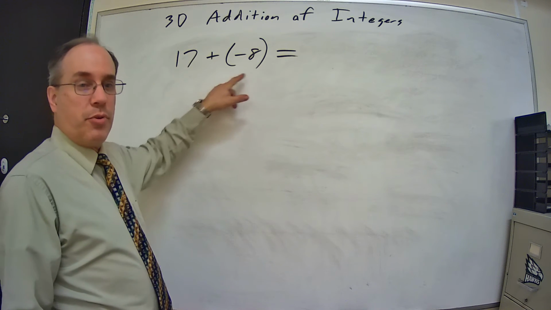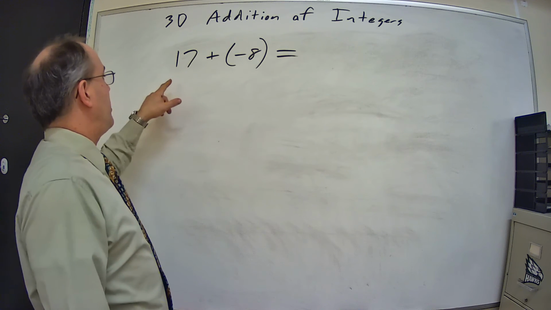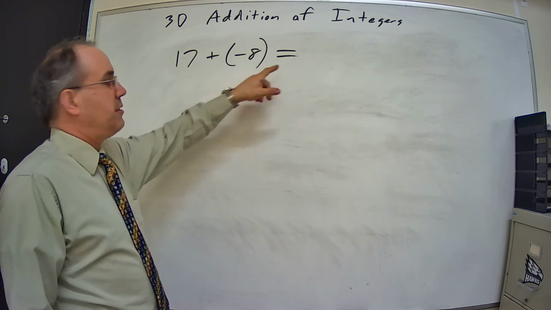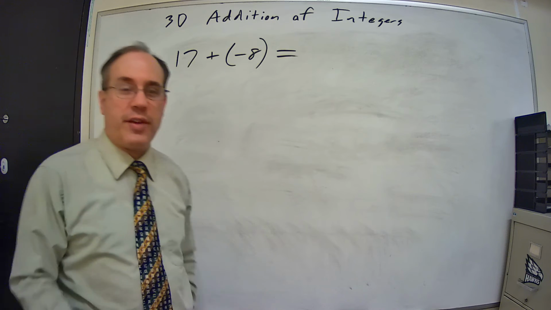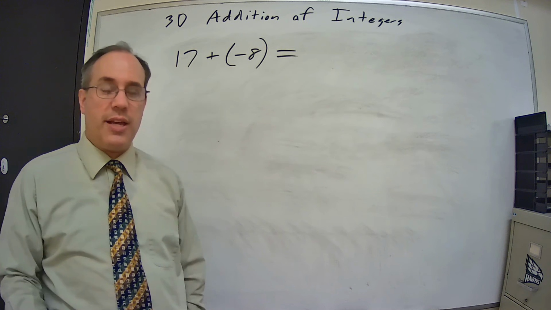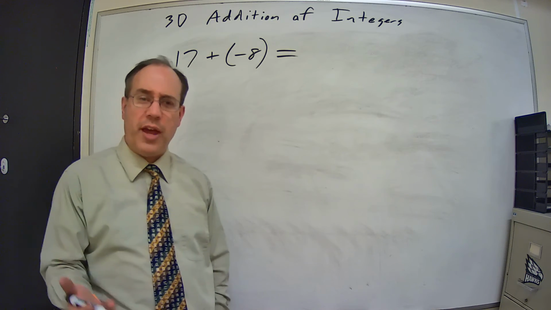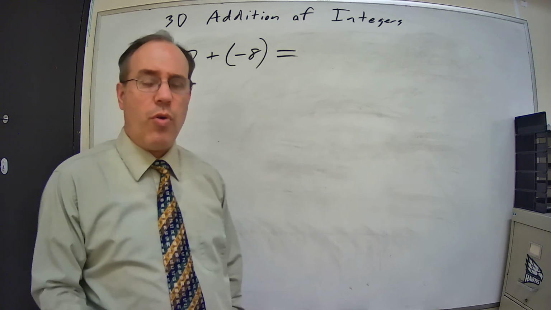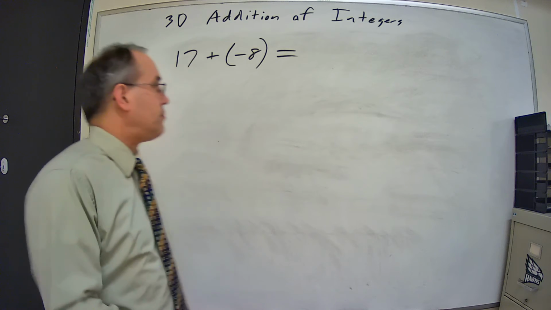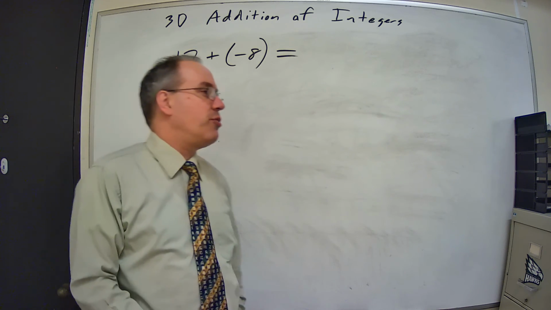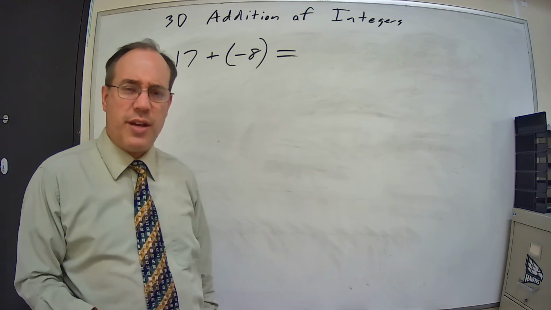Generally, you don't need to put the parentheses in there, so you may do 17 plus -8 equals. That's if you have a calculator that can handle that, so something like a TI-30 MultiView, or a graphing calculator. And actually, I think you can get away with a TI-30X IIS also.